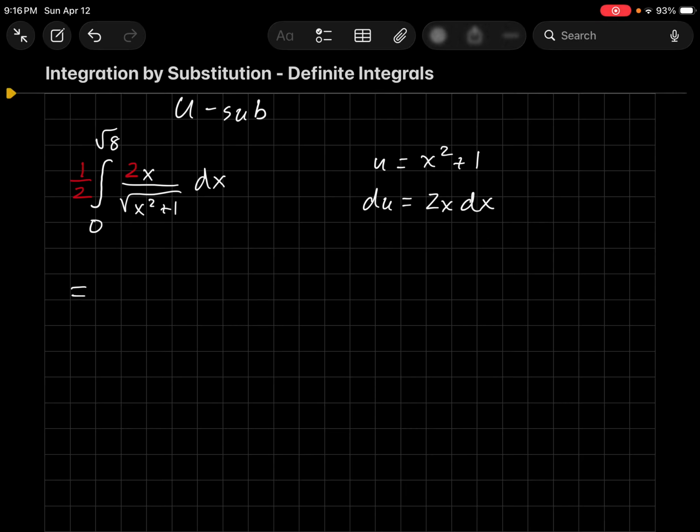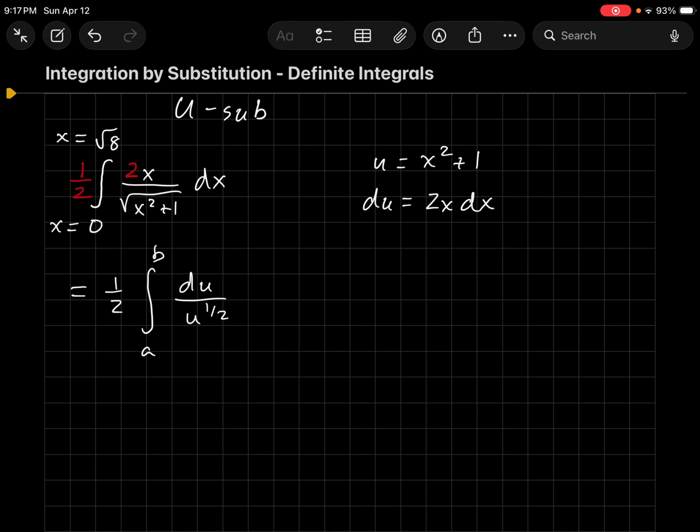But we're not done yet, because my limits, you have to remember, are from x equals 0 to x equals root 8. So we really need to change everything with x's into something with u's. The first way to handle this is to put placeholder limits, a to b, and then put du over u to the 1/2.